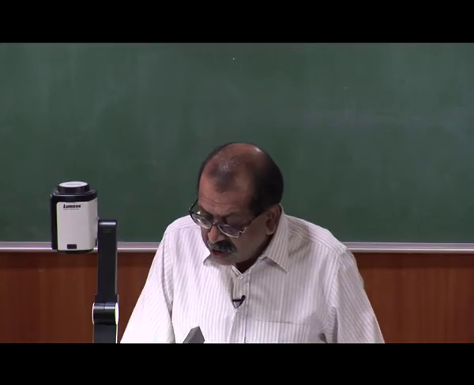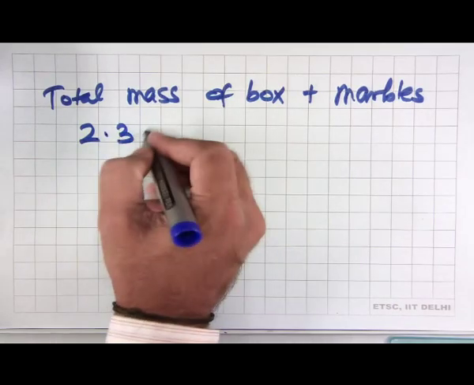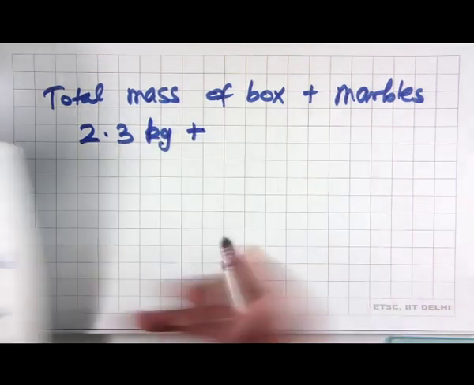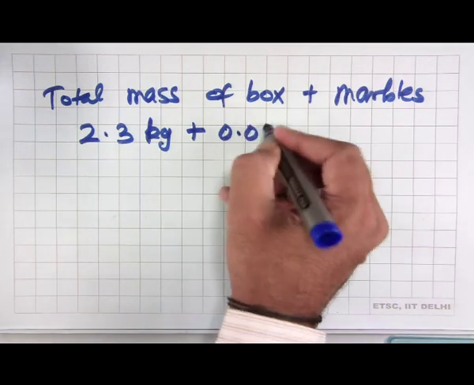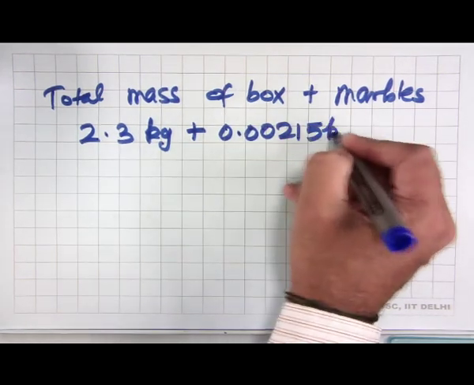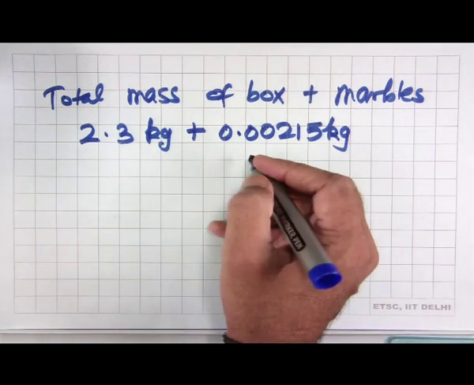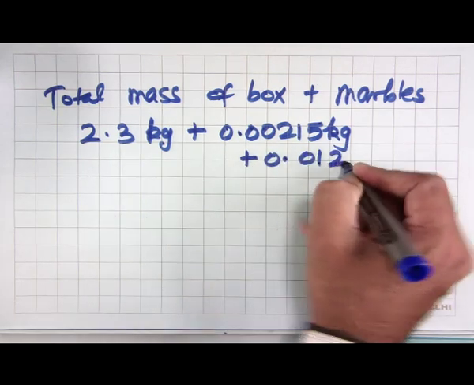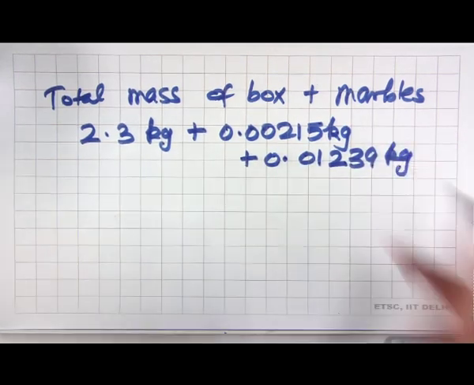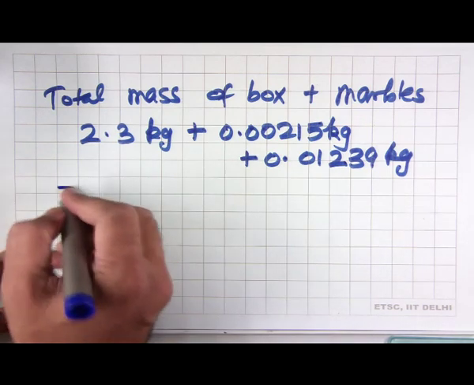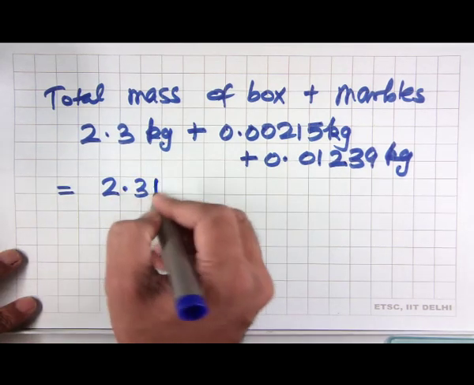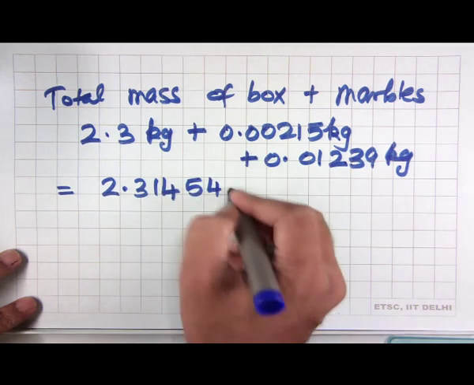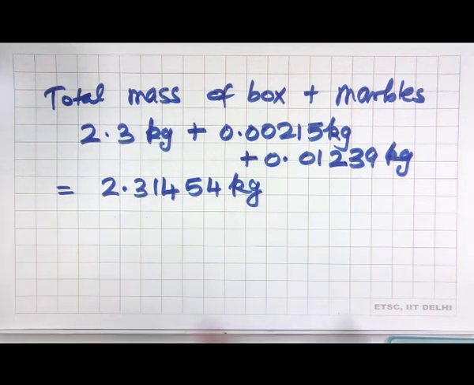So, when we add this, we get 2.3 kg plus we convert 2.15 grams into kgs, so this becomes 0.00215 kg, and the third one, 12.39 grams, will become plus 0.01239 kg. And when we add all of them, we get our answer as 2.31454 kg. And now we have to work on significant digits.